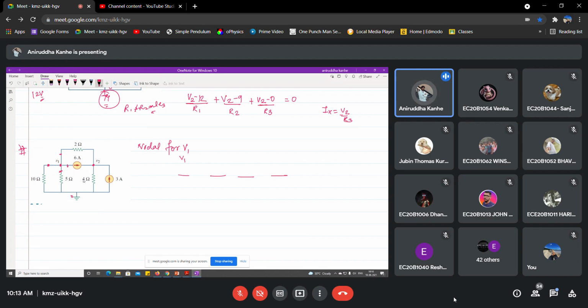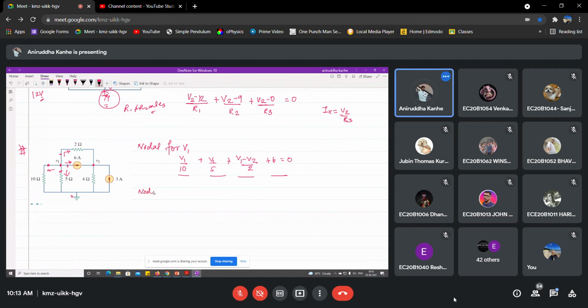So V1 minus 0 by 10, so I can directly write V1 by 10. This is outward. Plus V1 by 5, plus (V1 minus V2) by 2, plus (V1 minus V2) by 2. What else? Plus 6 is 0.